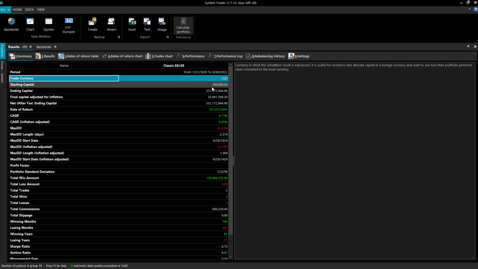The starting capital was $100,000. The ending capital was over 500 millions, which is really a lot. And the final capital adjusted for inflation is 32 millions. As you can see, there's a huge difference between the nominal end capital and the real end capital, just because we are investing for a very long time, for more than 100 years.